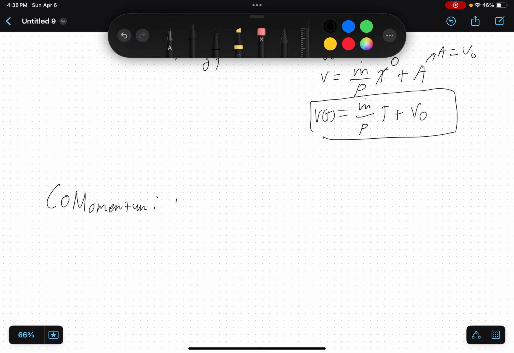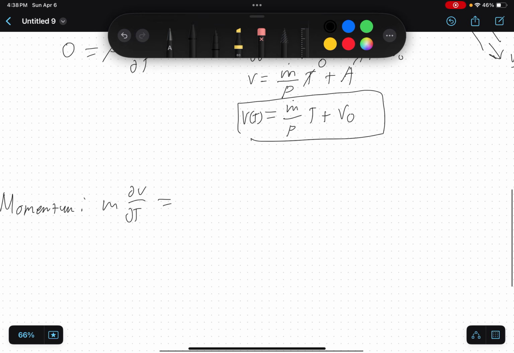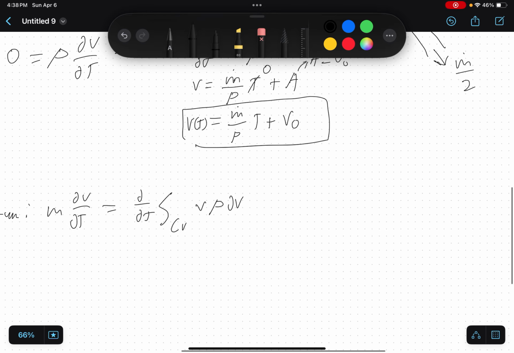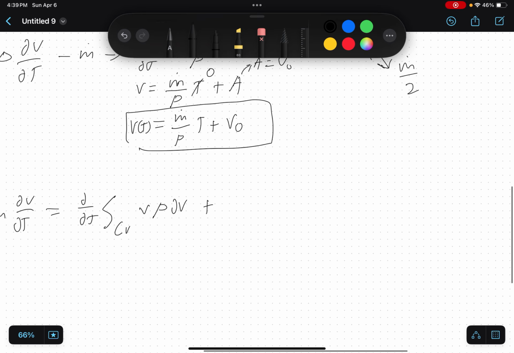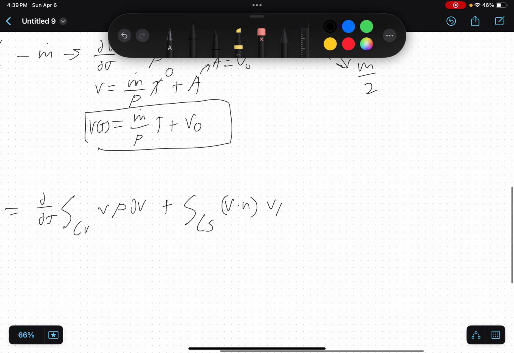And that is m dv dt equals... dt... I'm going to rewrite this a different way. Okay, there you go. That is conservation of momentum.